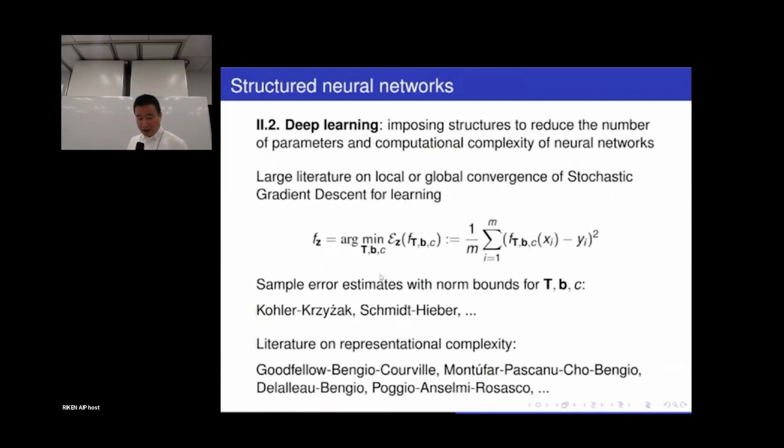With this, we learn the prediction function by minimizing the least square, logistic, or cross entropy loss functions. This is the learning algorithm. A lot of research has been done along this direction, say to show the global or local convergence of the stochastic gradient descent algorithm in training the parameters.